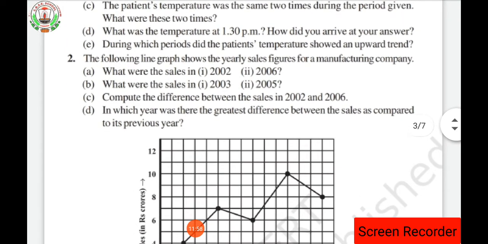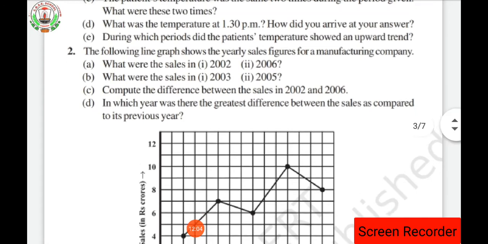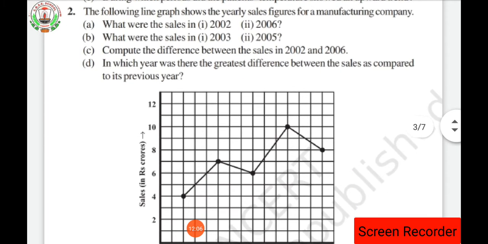Then what were the sales in 2002 and 2006? That means here you have to say the sales, how much product is sold in the year. Then what was the sale in 2003 and 2005? C part of the question, compute the difference between the sales in 2002 and 2006.